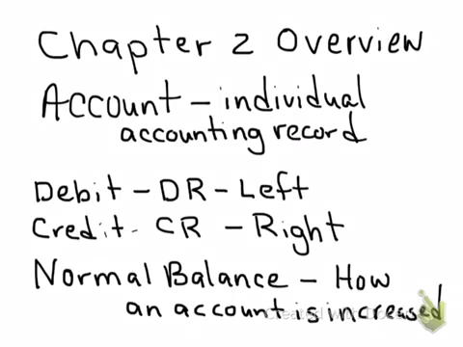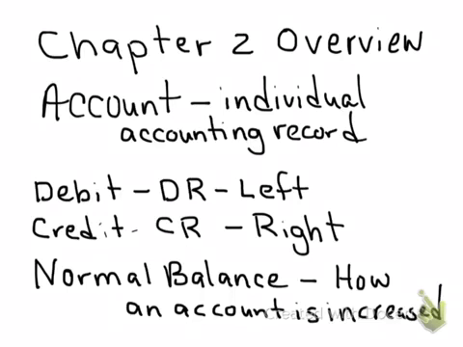When we look at debits and credits as well as accounts, what we have to realize is that there is a normal balance. With a normal balance, this is how we increase an account. So we have certain accounts such as cash that are going to be increased on that left side as a debit.